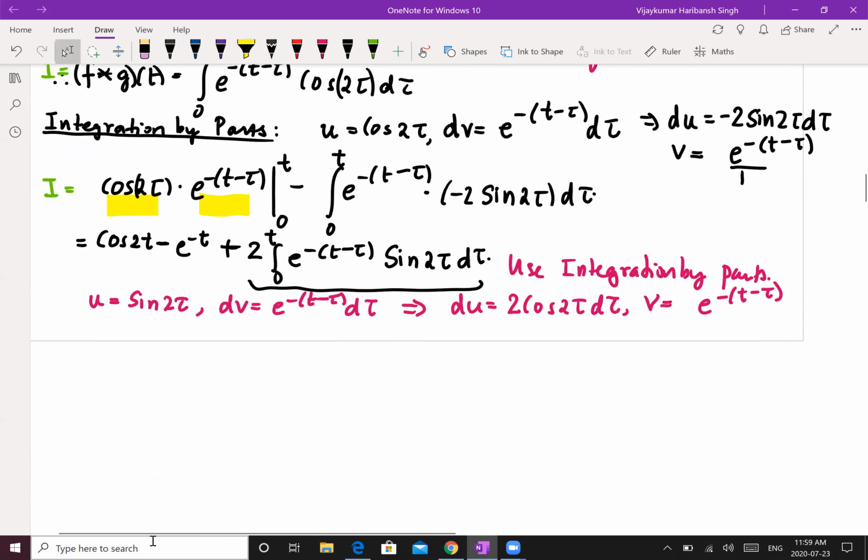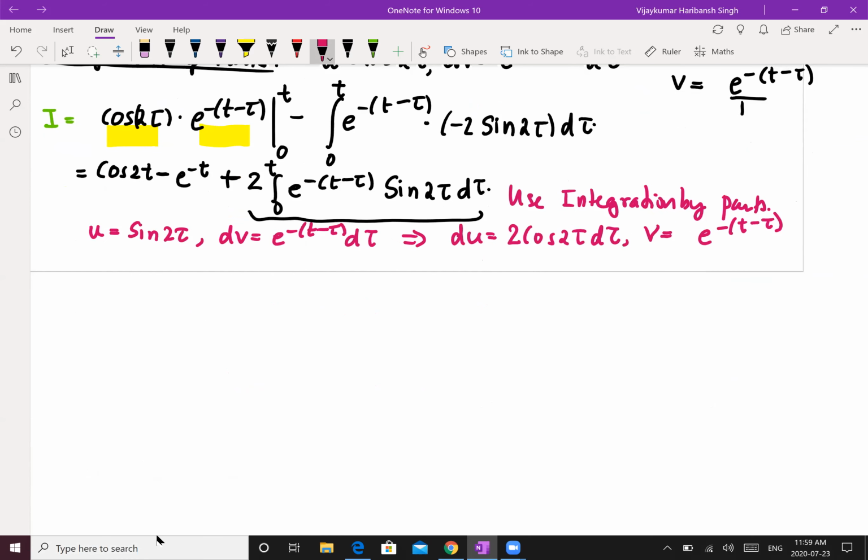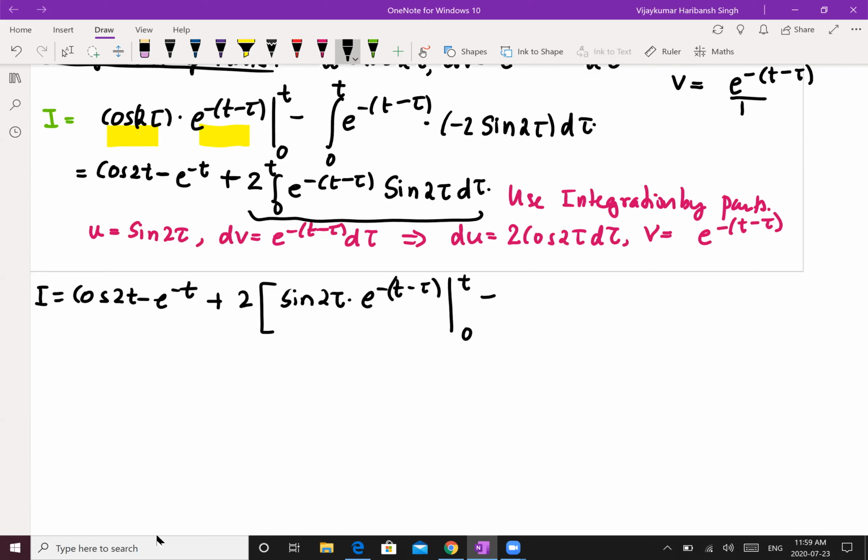So now let's work on finishing this integral. So we have, again, cos of 2t e to the power minus t, and this is your I, plus 2 times uv, which is sine of 2 tau, v, which is e to the power t minus tau, limits are from 0 to t, minus integral of v du, so 0 to t.